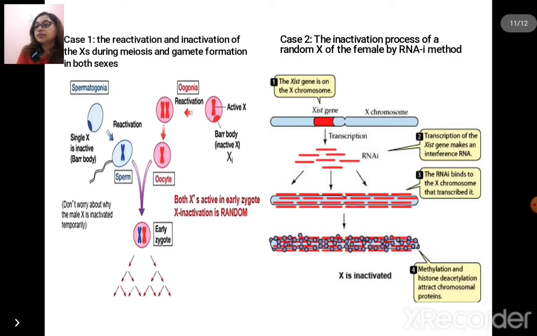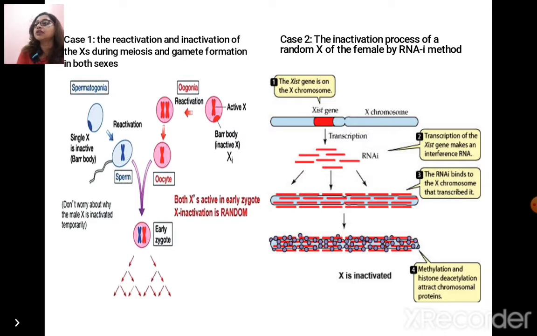Now, if you look at your screens, you can see case 1. Here we are observing the reactivation and inactivation of the X's during meiosis and gamete formation in both sexes. What happens is, you can see in the spermatogonia, there is a single X inactive, which is in the bar body state.